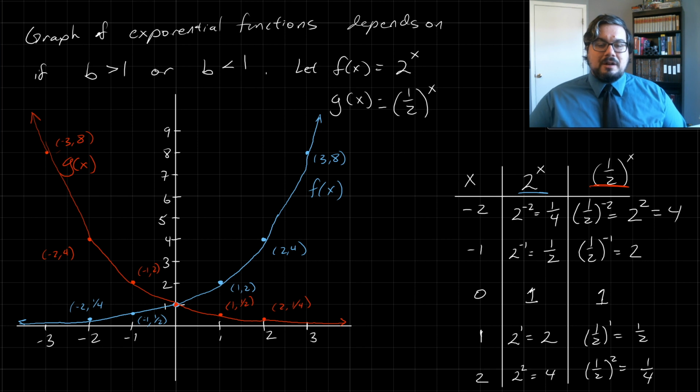The exponential functions with a base greater than 1 are increasing, and in fact they increase quite quickly. In fact, they grow quicker than any polynomial function if you go out far enough to the right. The exponential functions grow very, very fast.